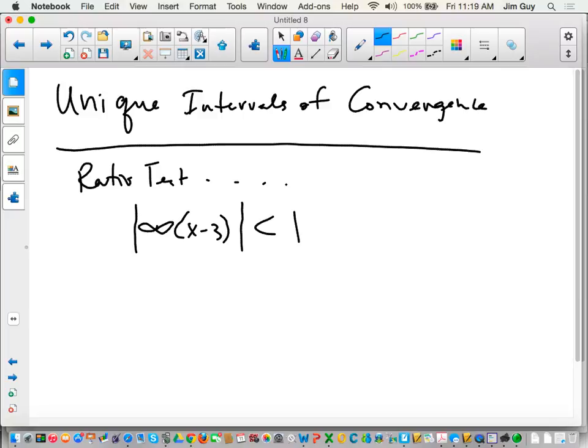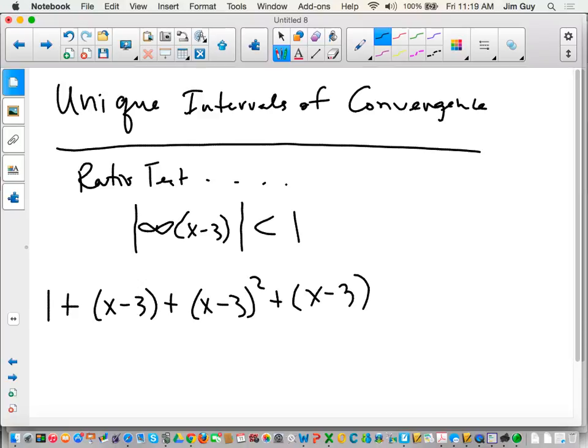Except, at a minimum, every power series will converge at its center. Every one. Because, if you think about it, let's say the power series was 1, then x minus 3 to the first, x minus 3 to the second, x minus 3 to the third, and so on.